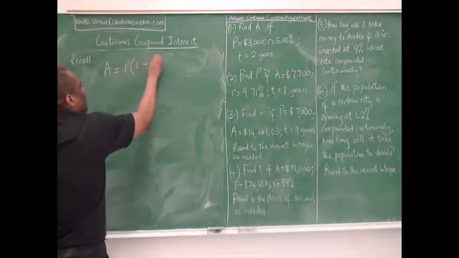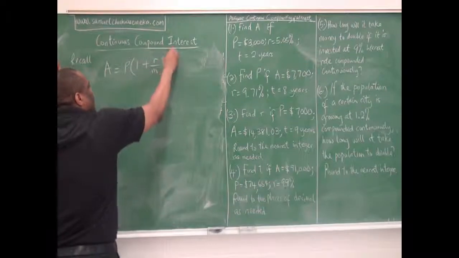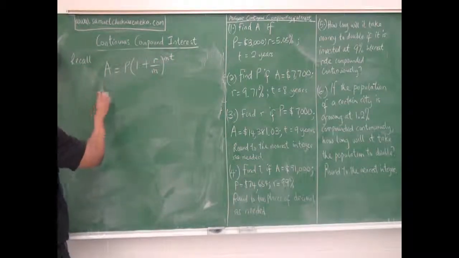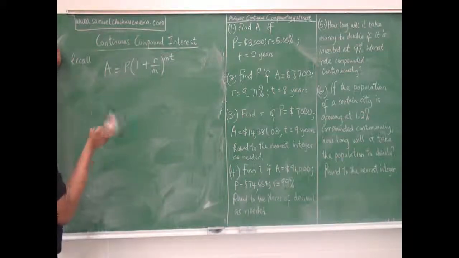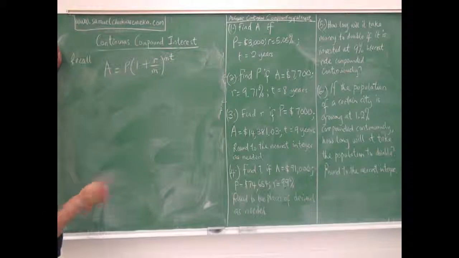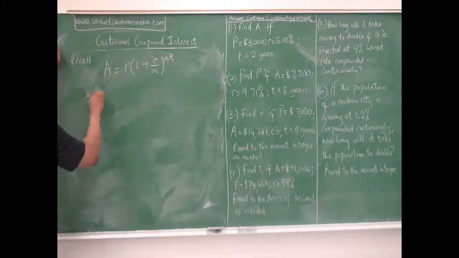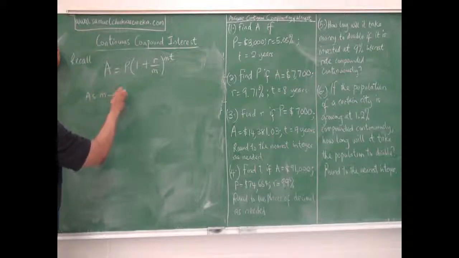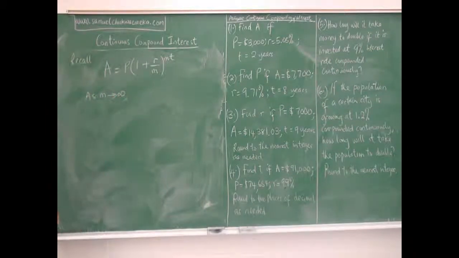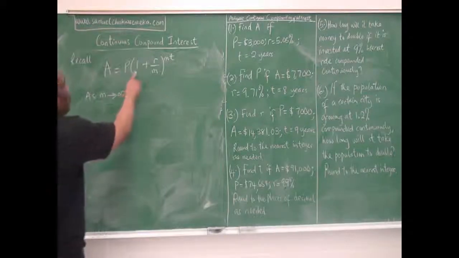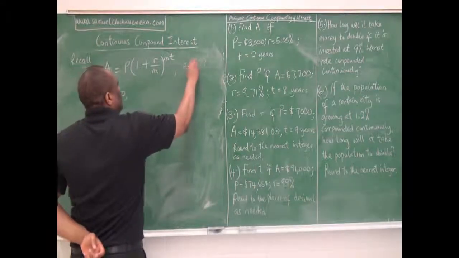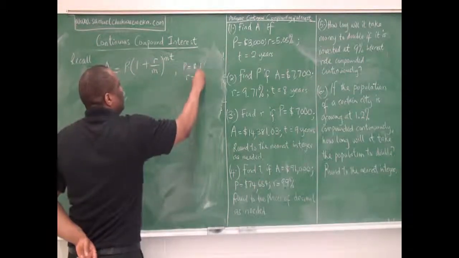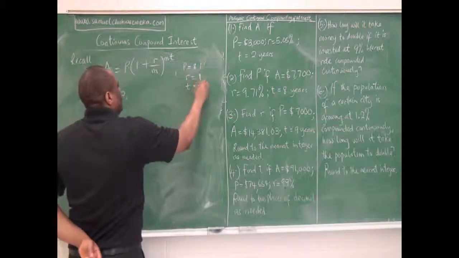This is (1 plus R over M) raised to MT. Now, of course your P is a dollar, R is 1 and T is 1. Now we observed that as M tends to infinity, we got that P is equal to $1, R is 1, and T is 1 here.